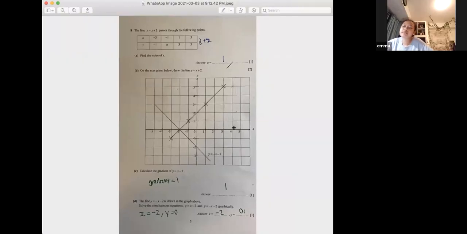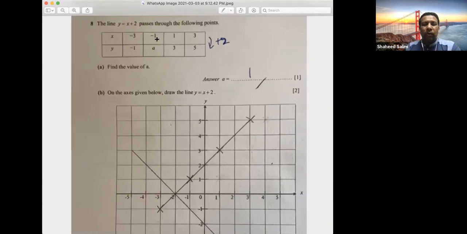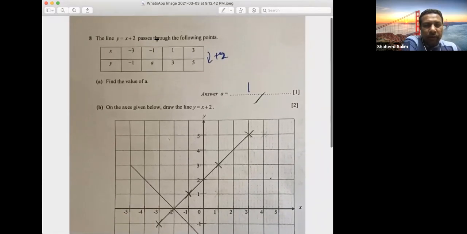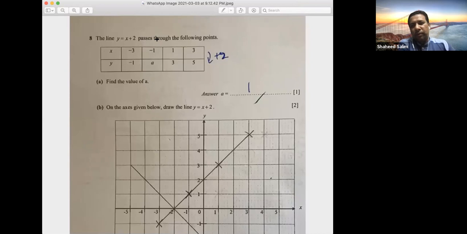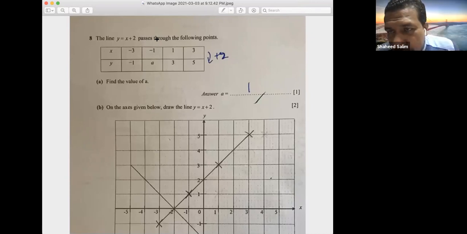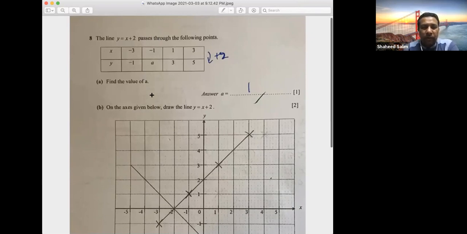Yes, sir. Okay, so what do you feel when you see this? Which part is confusing? Is it the graph? Or do you want me to run through the whole thing? No, question B. Okay, so this is the equation.